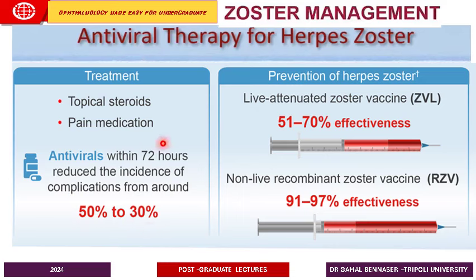Now, the other aspect of the management is the prevention. We have to use certain vaccines for prevention of herpes zoster in general, especially in susceptible patients, those who are immunocompromised, or in old patients, to avoid the latent and remote complications of herpes zoster.